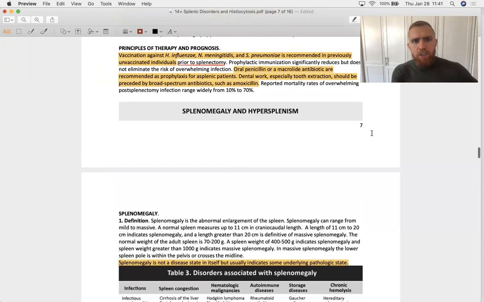So vaccination is recommended. And when do you want to give these patients the vaccine? Prior to splenectomy. Oral penicillin is furthermore recommended as prophylaxis for asplenic patients, especially if you catch sickle cell very early on. Again, you'll be functionally asplenic by 2 or so years of age.